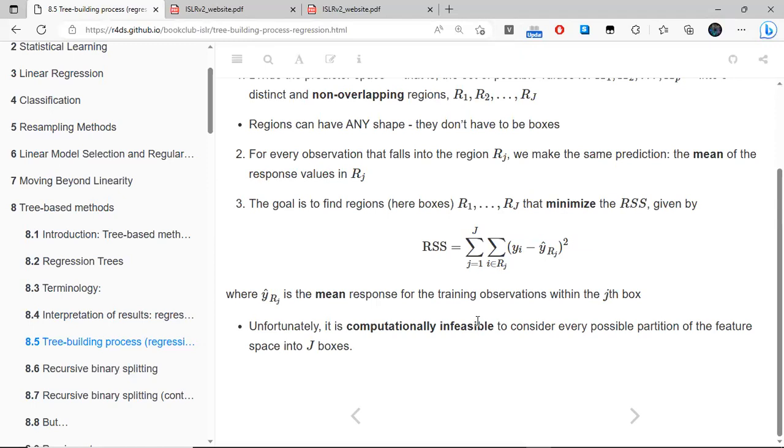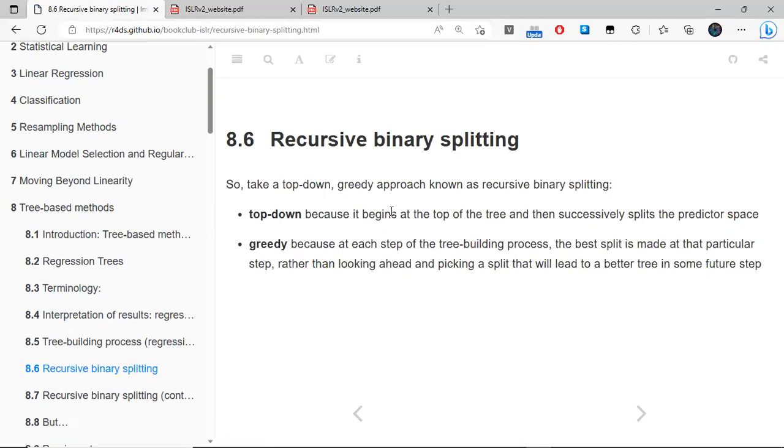However, at least to minimize this is going to be quite complicated. It says computationally infeasible. So we consider a simpler way to do this. It's not going to be a general one. And that method is named recursive binary splitting. So, well, there are two terms that describe it.